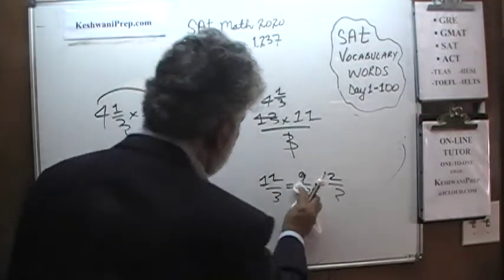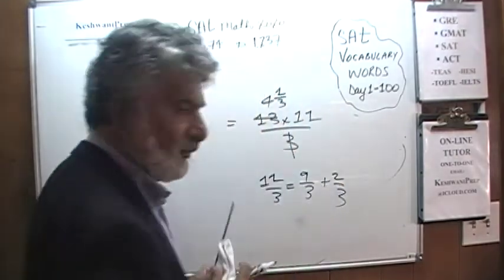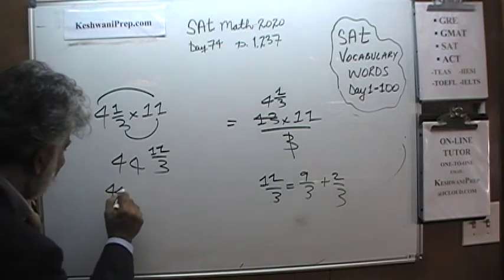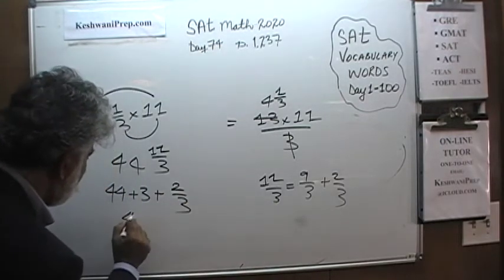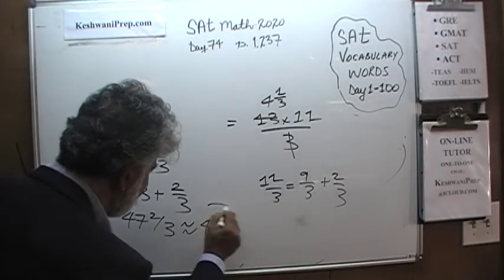I don't know why I'm explaining so much. 11/3 can be written as 9/3 and 2/3, obviously. And that's 3. In other words, this is simply 44 plus 3 plus 2/3, which is 47 and 2/3. 47 and 2/3 is approximately 48 degrees.